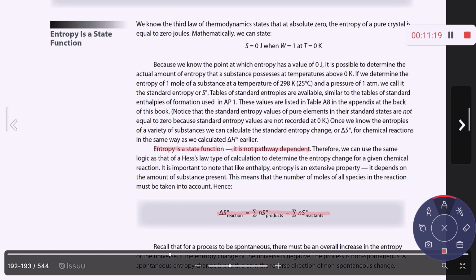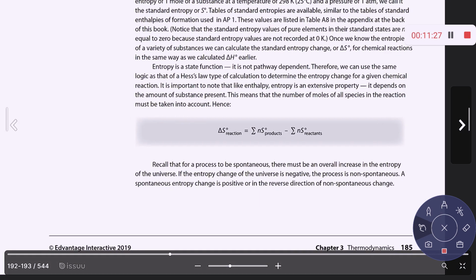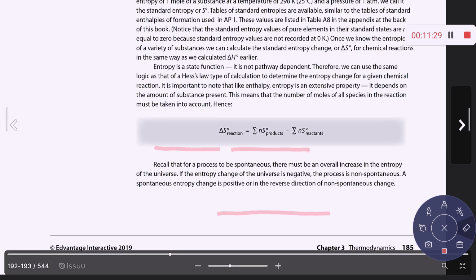And if you have coefficients on anything, you would want to make sure that you multiply those coefficients by the standard entropy value. Okay. And if you have a positive or negative standard change in entropy, that will tell you whether it's a spontaneous or non-spontaneous process. So if the entropy change is negative, it's a non-spontaneous process. If you have a spontaneous process, it will be a positive entropy change.